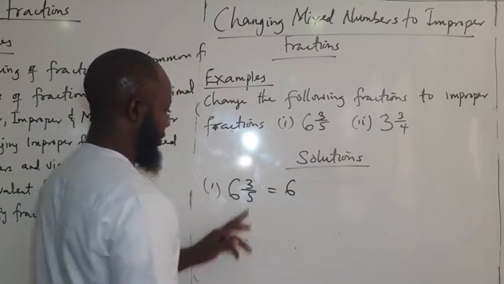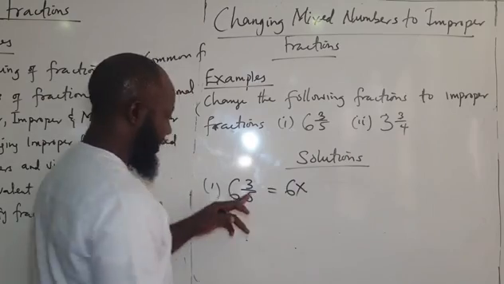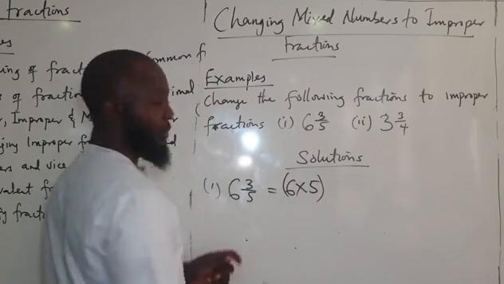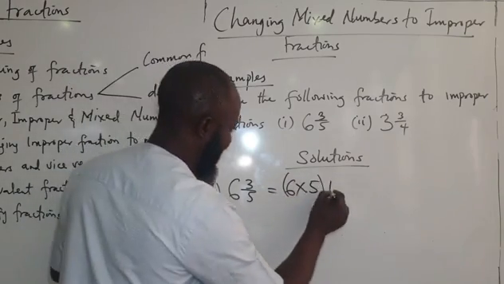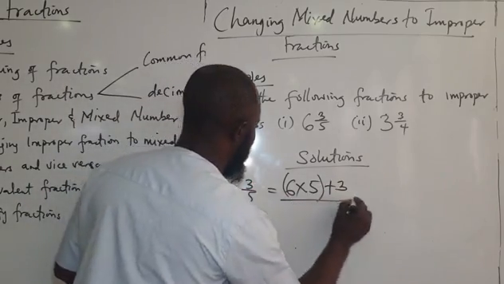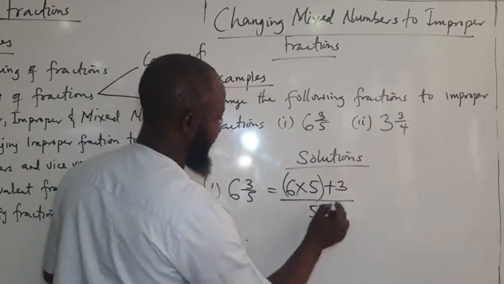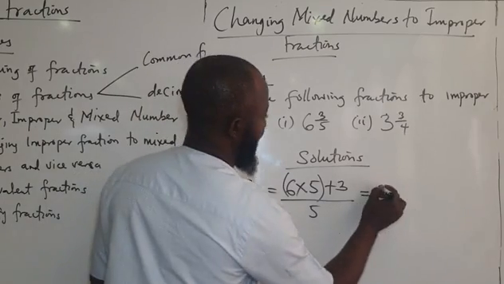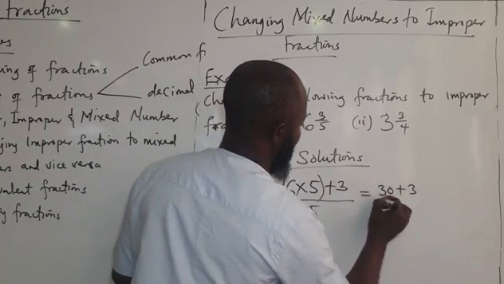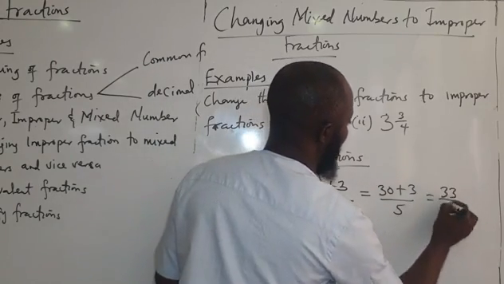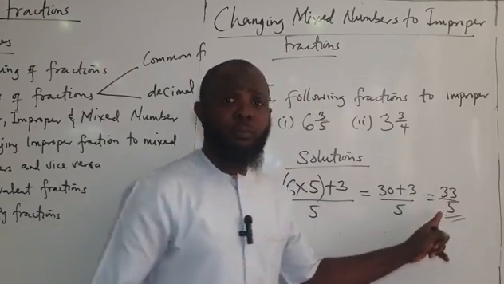That means 6 multiplied by the denominator, which is 5. Close it in brackets, plus the numerator, which is 3. Everything divided by the denominator, which is 5. So that means we're going to have 6 times 5, that is 30, plus 3, divided by 5. So this gives us 33 all over 5. You can see that 33 is more than 5.